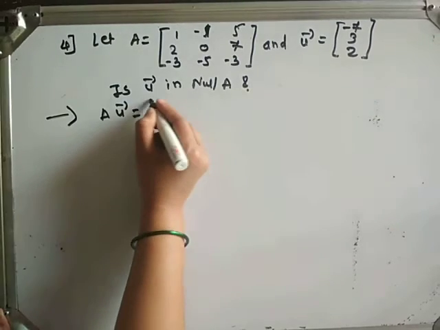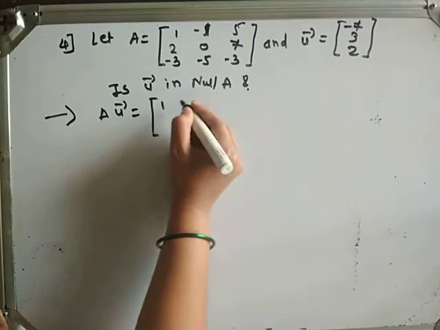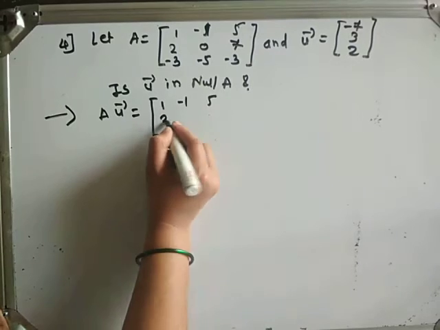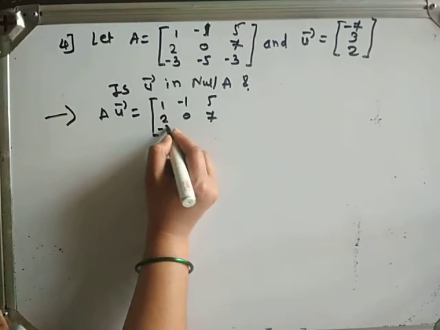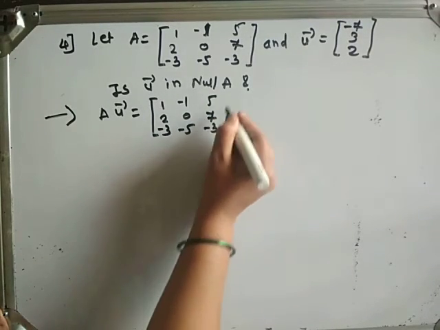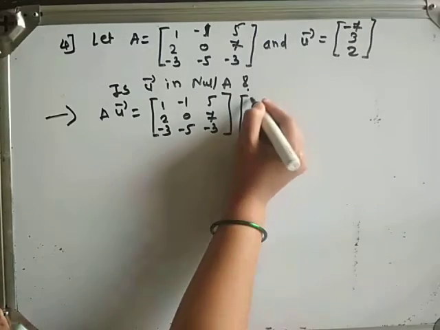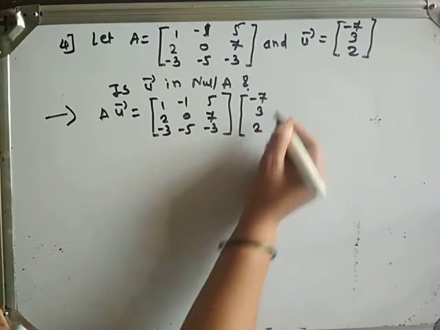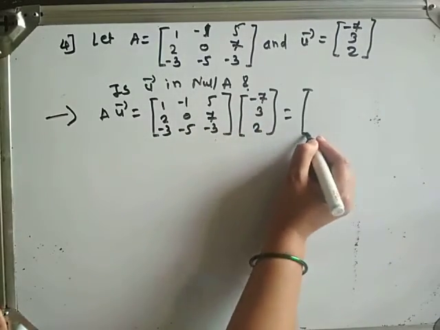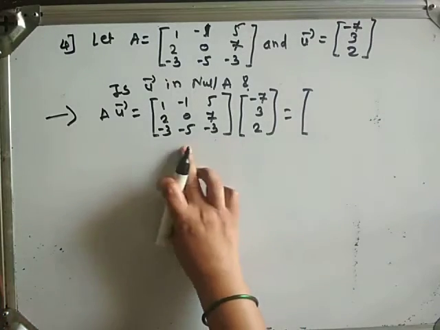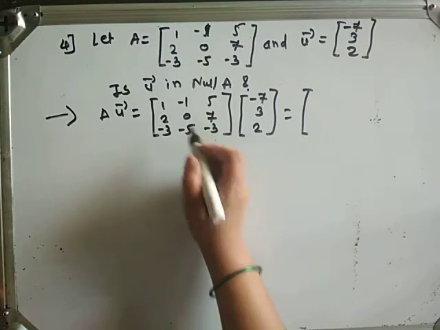A into u bar is the matrix A, rows 1, minus 1, 5; 2, 0, 7; minus 3, minus 5, minus 3, into u bar, which is minus 7, 3, 2. Take multiplication of these two matrices.